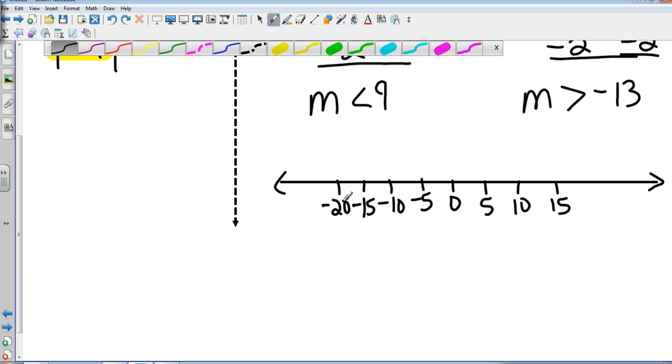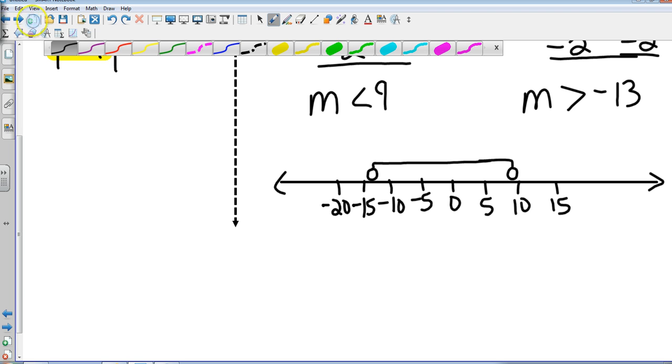So I'm going to have an open circle above 9, which is going to be right about there, with an arrow to the left. And I've got an open circle above -13, which is going to be approximately right there, with an arrow to the right. And so there is our absolute value inequality.